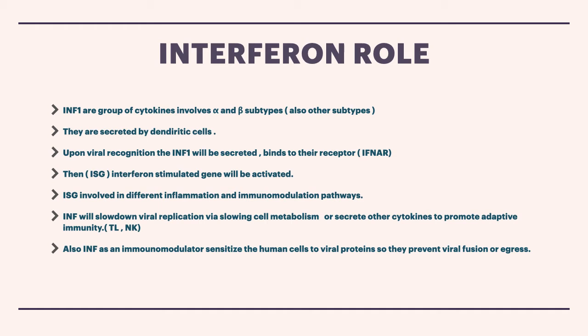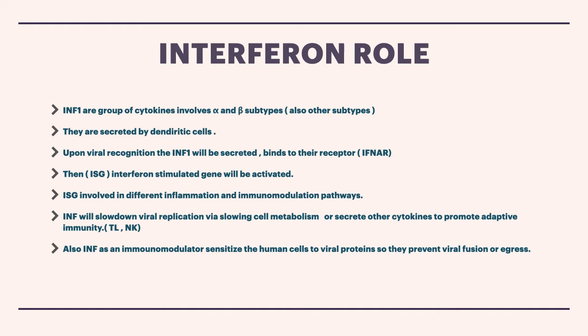The interferon is called interferon because it interferes with the viral replication. There are three types of interferon: 1, 2, and 3. Interferon 1 is a group of cytokines involving many subtypes, mainly alpha and beta. They are secreted mainly by dendritic cells.